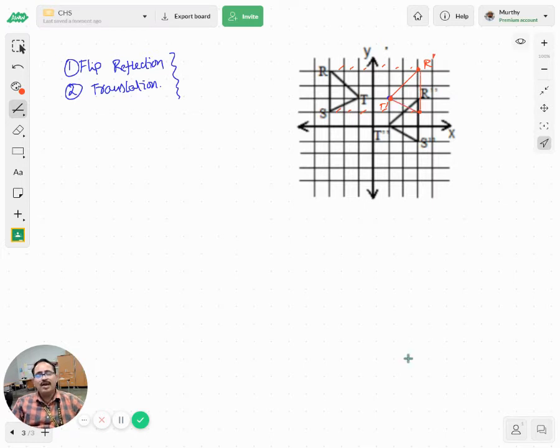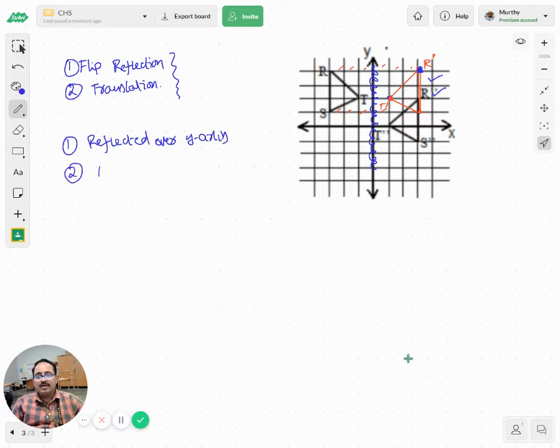So here is the triangle after reflection. Then further, if this one is sliding down, you can check the number of blocks. So here is R prime. It is sliding down by 2 blocks. So first one is it is reflected over, I see that this is the reflecting surface, reflected over y-axis.